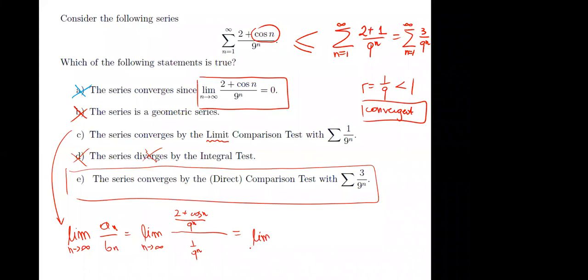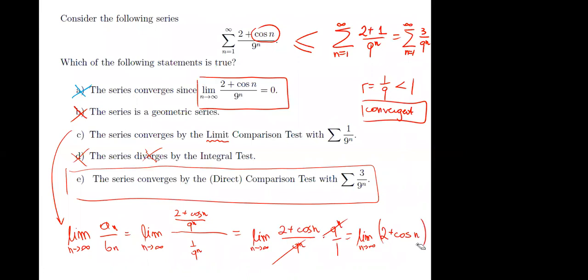Let's simplify. 2 plus cosine of n over 9 to the n, times 9 to the n over 1. I just flip. Of course, this is gone. And actually, yes, that's what I was saying. We just end up with 2 plus cosine of n.